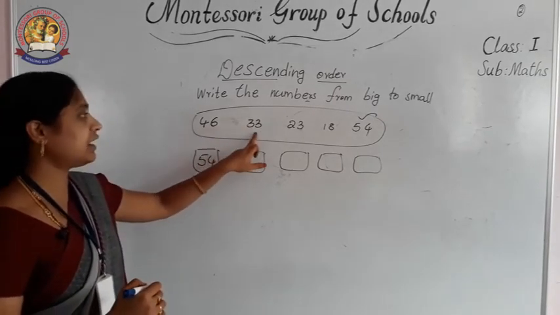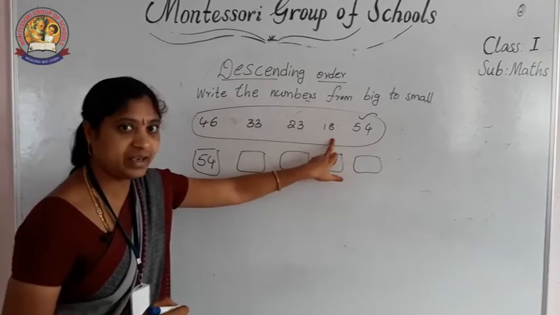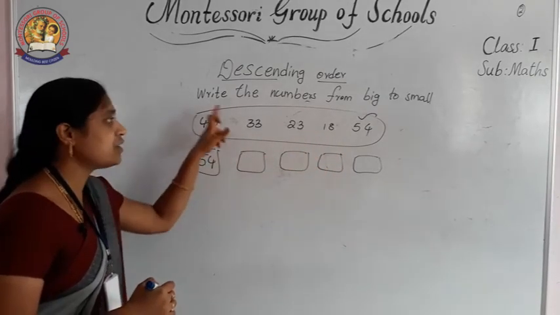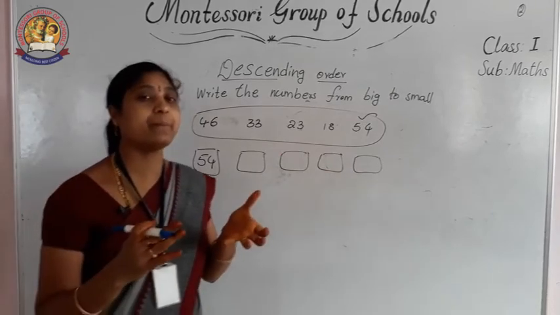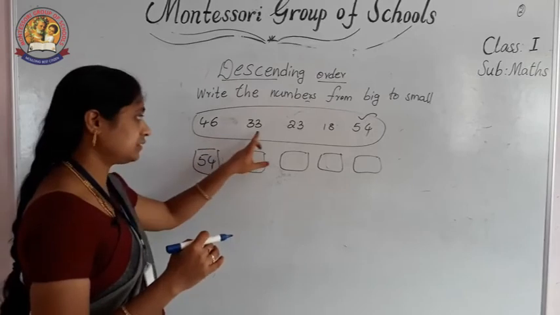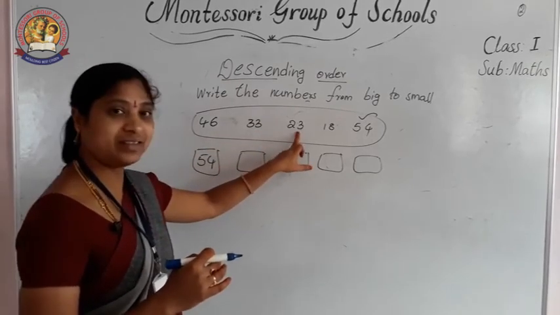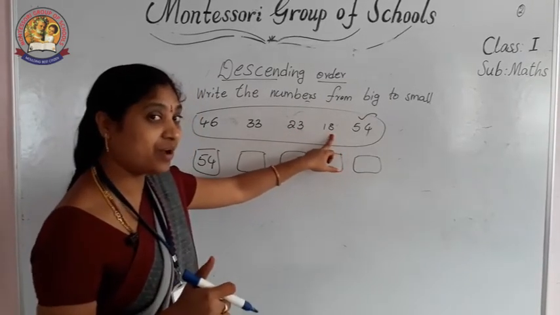46, 33, 23, 18. In these numbers, which one is the bigger? Bigger means greatest number. 33? No. Next, 23. No. 18. No. Again what?